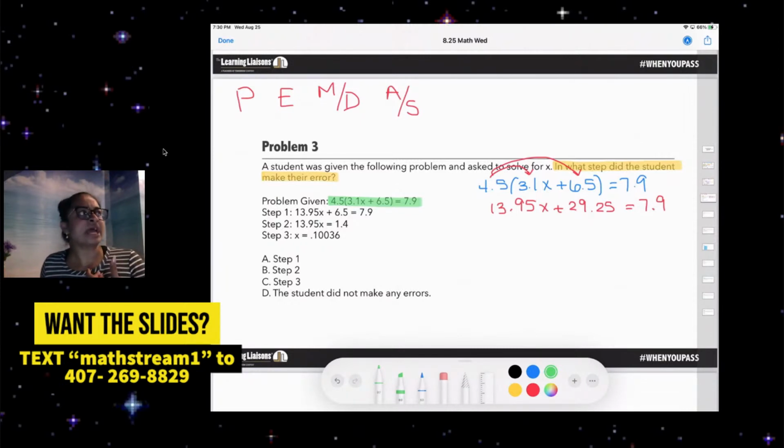So I look at the x as an ex-boyfriend, ex-best friend, I don't know, ex-family member, ex-girlfriend. You don't like them for a reason, so get everybody else to the other side. We're going to subtract 29.25 on both sides.